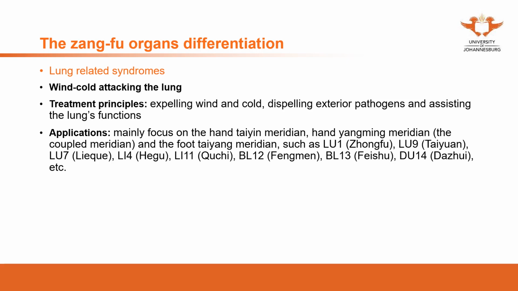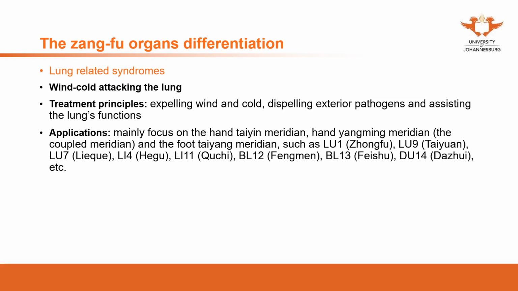Because the lung is located in the upper part of the chest, in the upper part of the body, the patient may present as chest oppression, chest pain, cough, tachypnea, coughing blood, runny nose, nose blockage, nose bleeding, sore throat, or loss of voice. So these are the common symptoms of the lung.